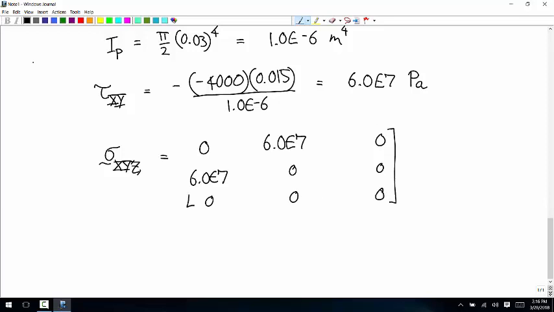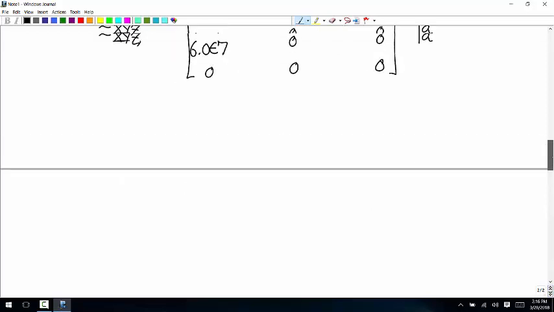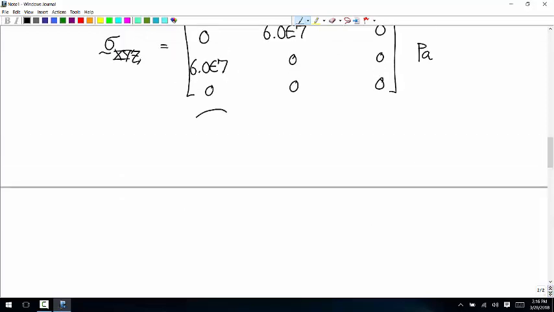In pascals. And this is all in a coordinate system oriented like this, where that's the capital Z axis. That's the capital Y axis. And this angle is 30 degrees.